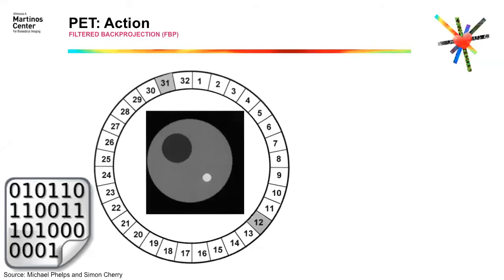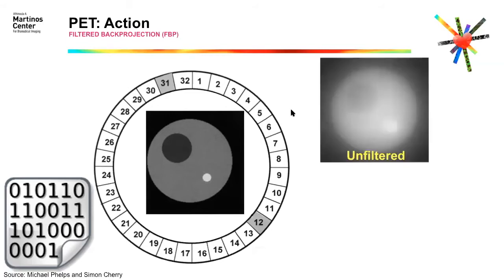If I start adding those back projections, with those different gray areas on each part of the voxels that are crossed by the line of response, I will end up with this version of the image. It's already very similar to the original image that is inside the scanner, but it's not too good.